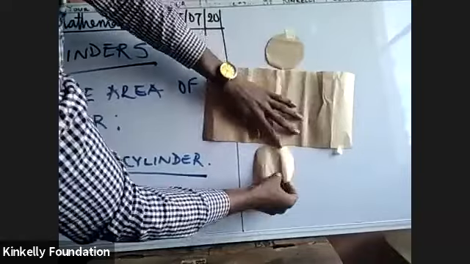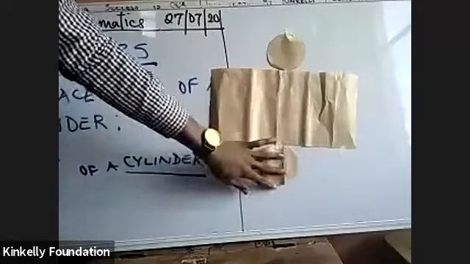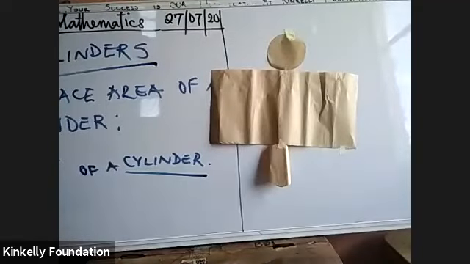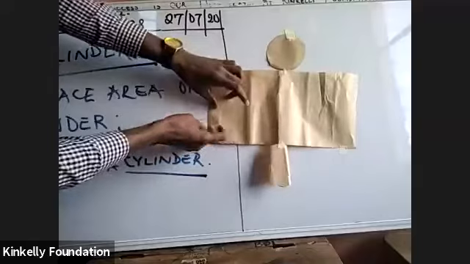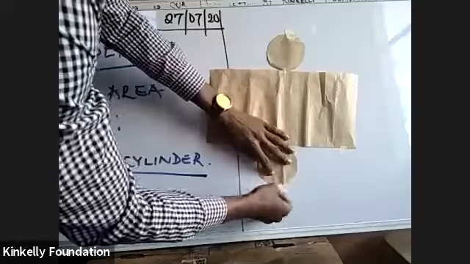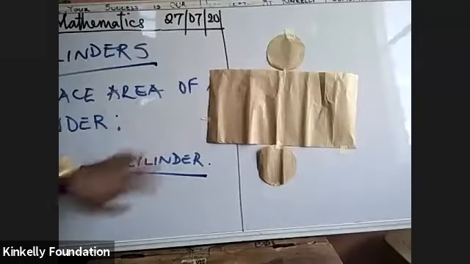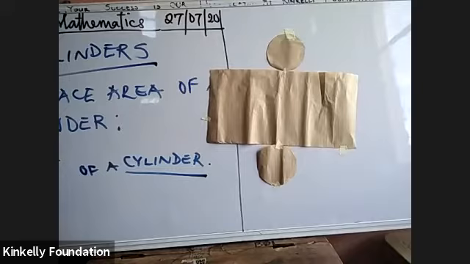A cylinder is made up of a rectangle and two circles. A rectangle here. Now we have a circle. Two circles and one rectangle. This is the net of a cylinder, the plane shape you get when you open up a cylinder.